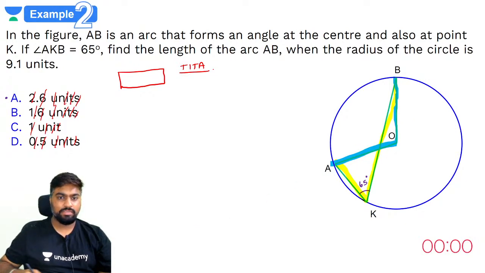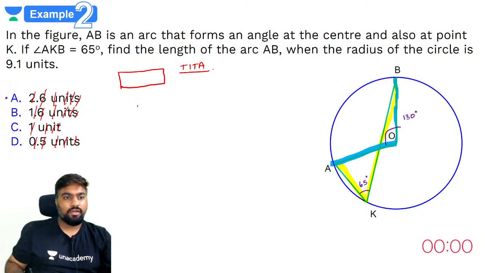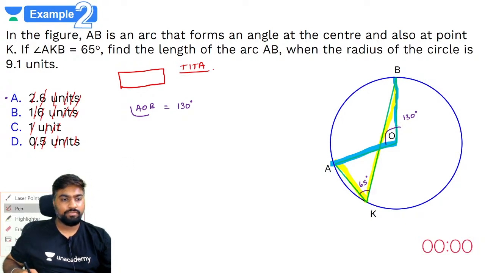This basically means that if this is 65, this has to be 2 times 65, which is 130 degrees. So we found that angle AOB is 2 times 65, 130 degrees. They want us to find the length of arc AB, which is now simple.